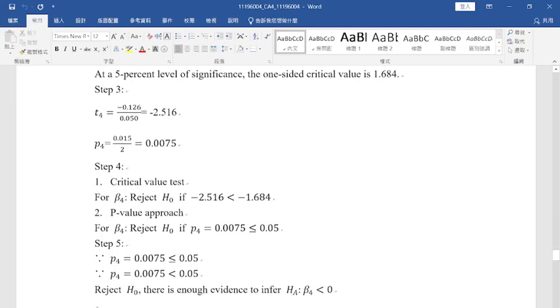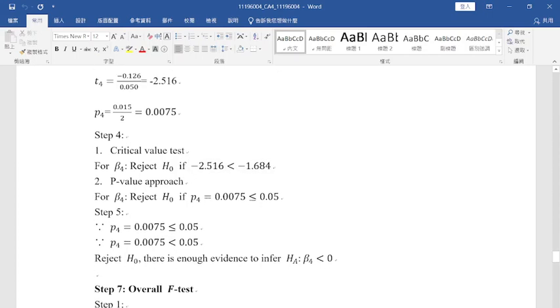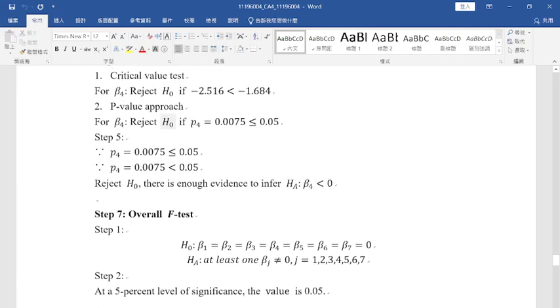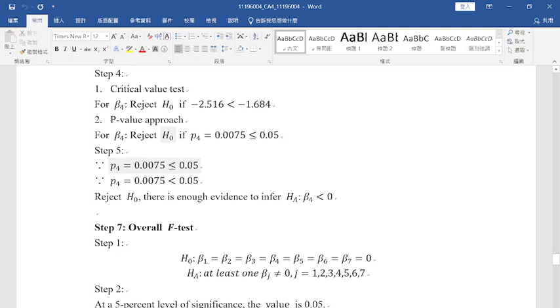Yeah, and so if the t statistic is smaller than the critical value, we reject the null hypothesis. And if the p-value is smaller than 0.05, we reject the null hypothesis. Yeah, and there's a typo here.